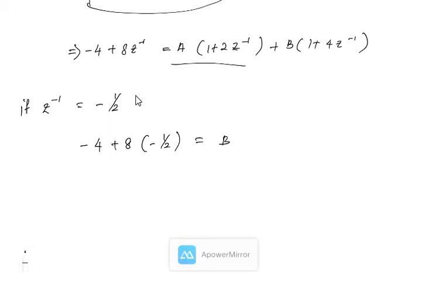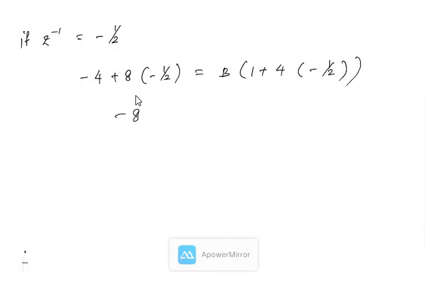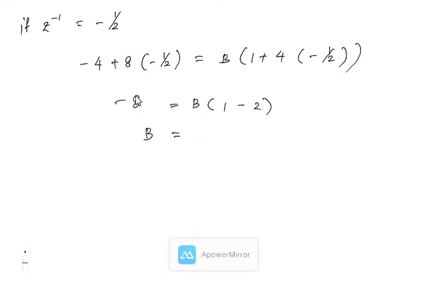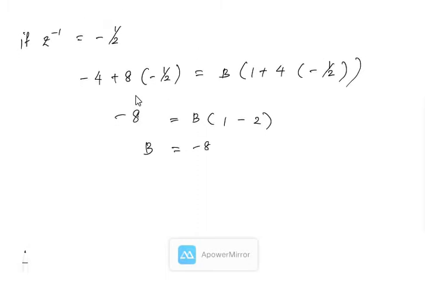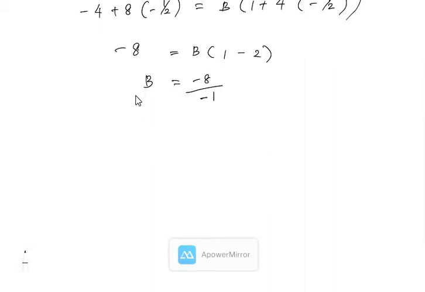And I left B 1 plus 4 multiplied with negative half. So this one is negative 8 equal to B 1 minus 2. So I bring this to the left, so I have B equal to negative 8 divided by negative 1. So I obtain 8.